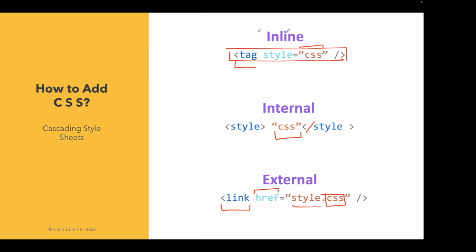So I'll go back to this point. If you want to add your CSS code inside your HTML, and that HTML is just a single line that you want to attach a style to, you can use an inline style. So you just bring in the style attribute equals, and you write your CSS code inside the double quotes. That's for a single line.